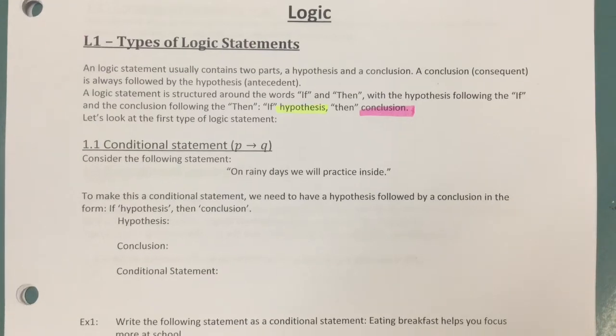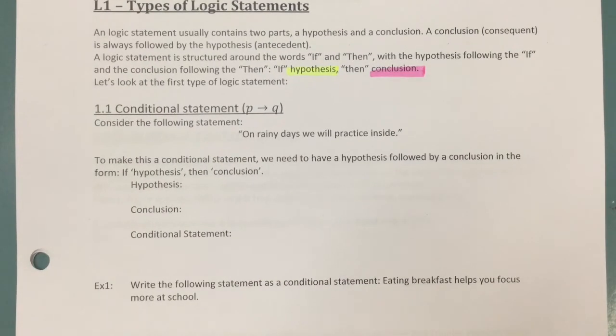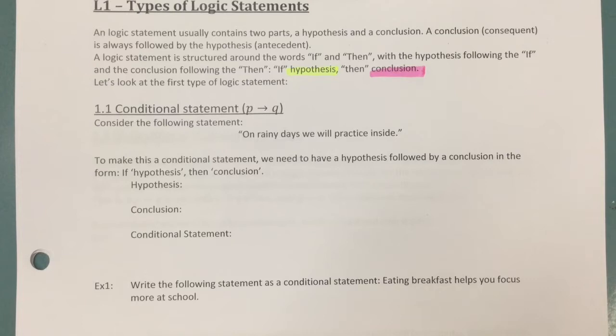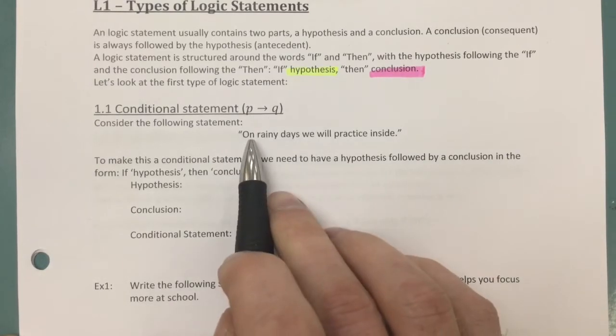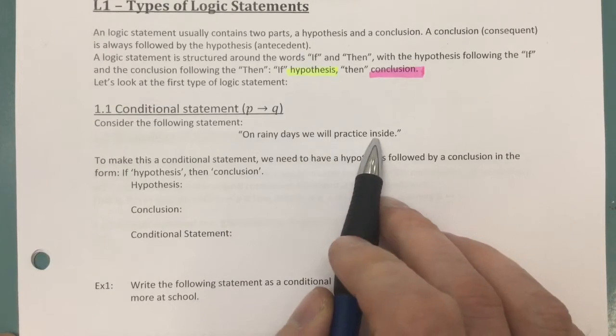Now, the conditional statement is one of those logic statements. There are 3 other types, and as I said before, one additional statement that results from 2 of these being correct. So let us get started by looking at the statement, "On rainy days we will practice inside."